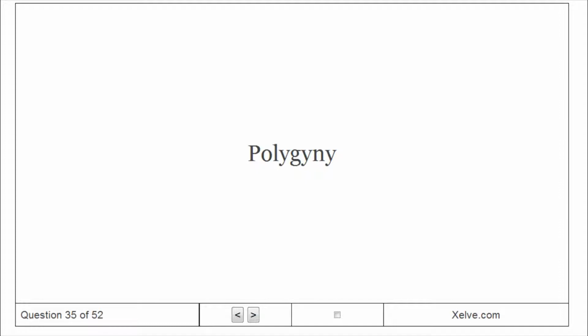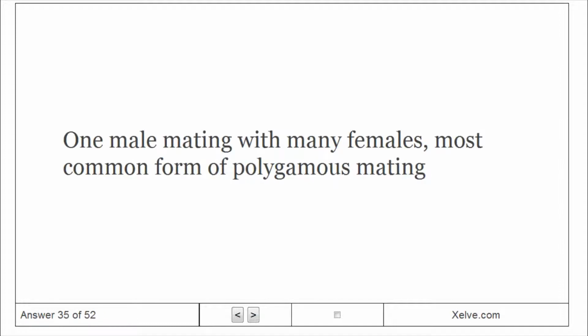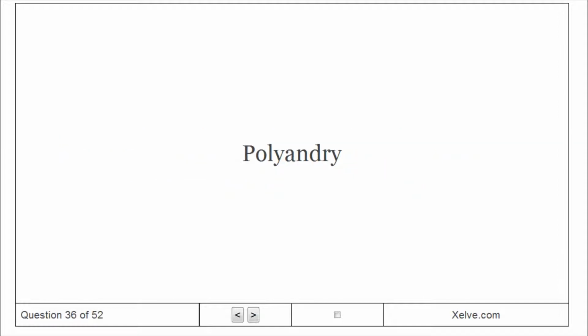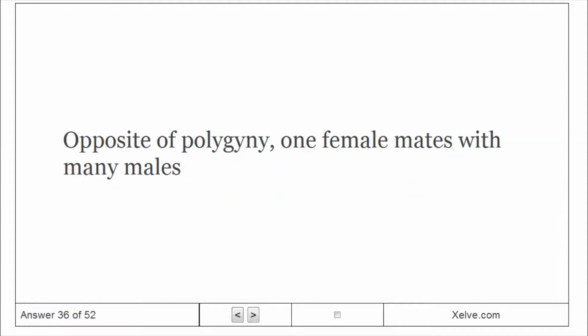Polygyny: one male mating with many females, the most common form of polygamous mating. Polyandry: the opposite of polygyny, one female mates with many males.